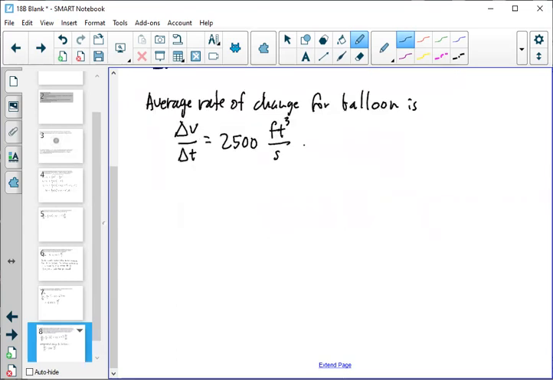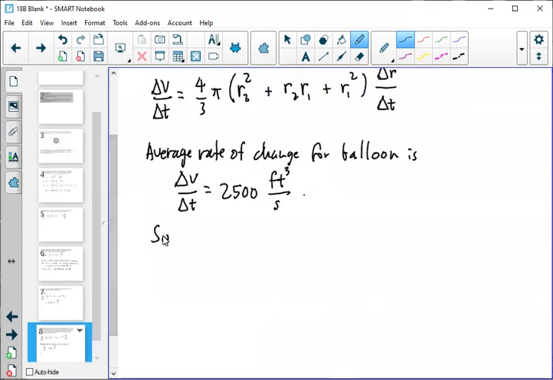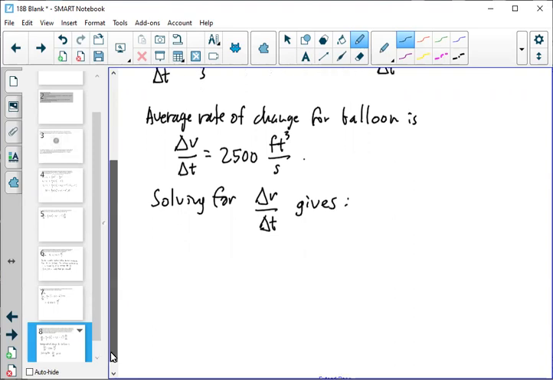And let's make some more room here. Solving for delta R over delta t.